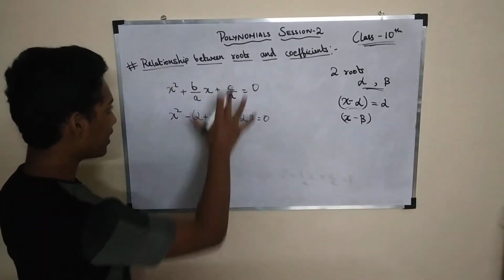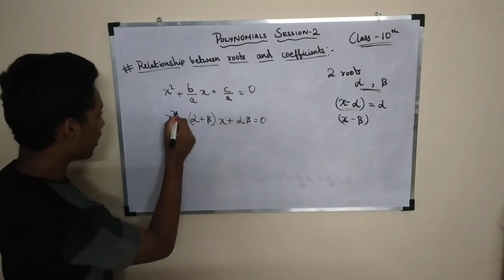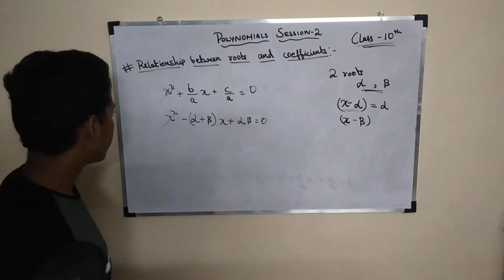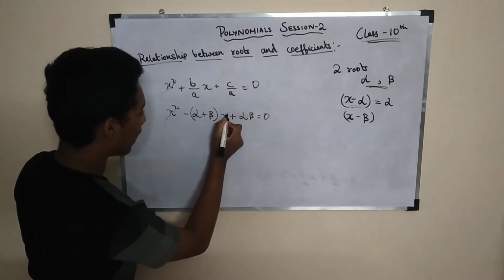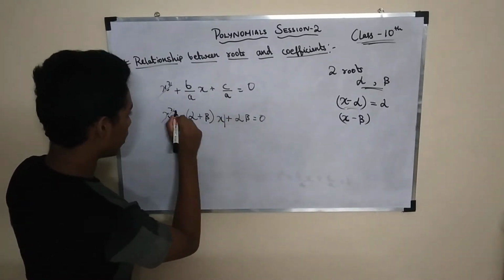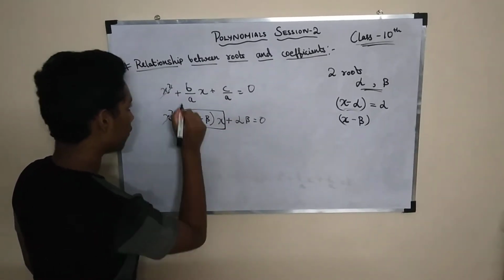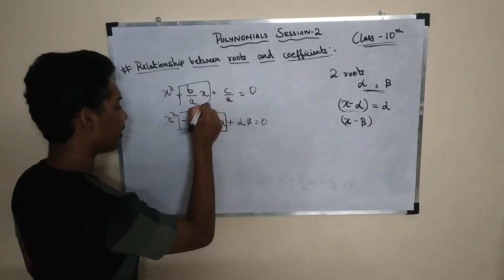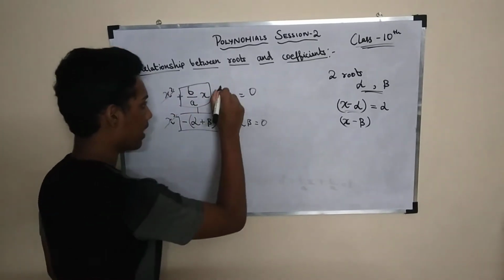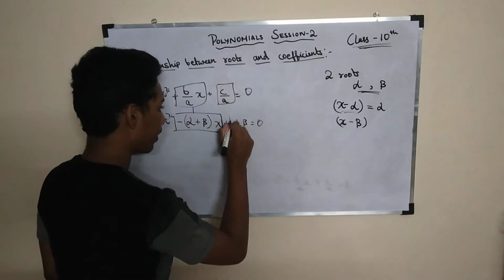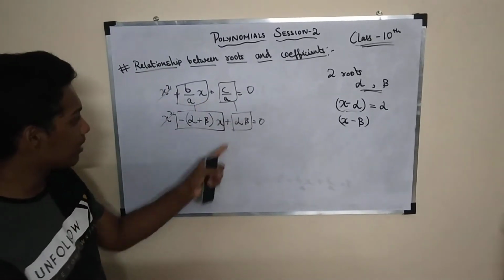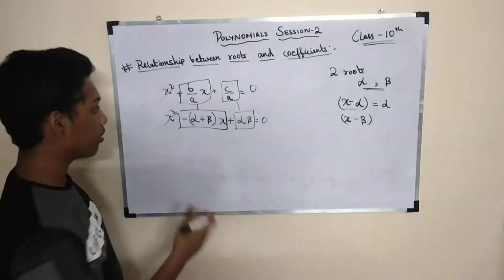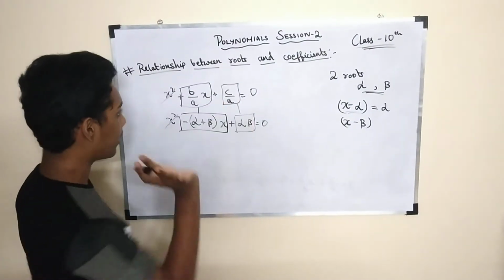Let's compare both equations. x square gets cancelled, and here minus alpha plus beta. If you compare this coefficient with this coefficient, it will give you some value, and this also will give you some value.